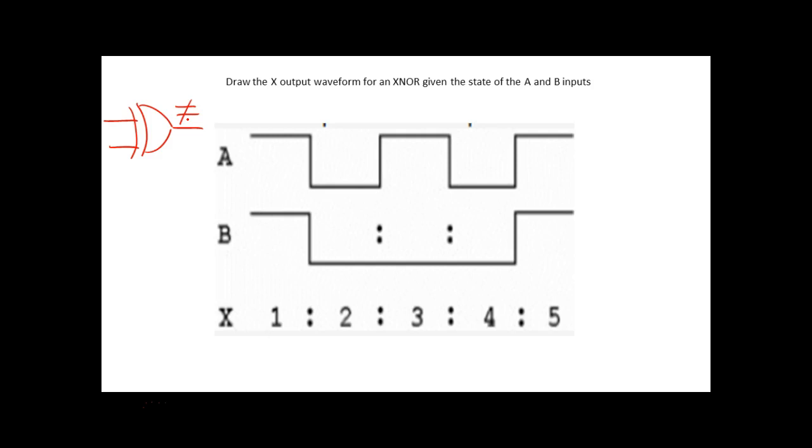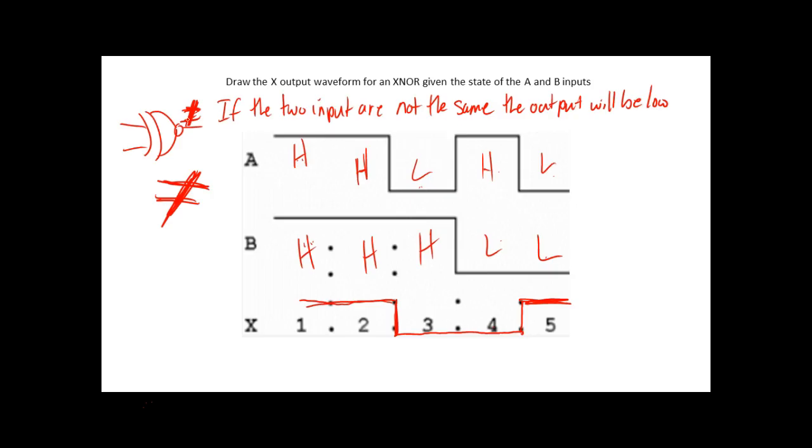If the inputs are not equal, I get a high. That would probably be the shorthand method. Because we're always going to have input one, two, and that's why we're comparing. So this symbol right here would say, if the inputs are not equal, we get a low. And then you got to figure out, okay, so what would it be if they are equal?